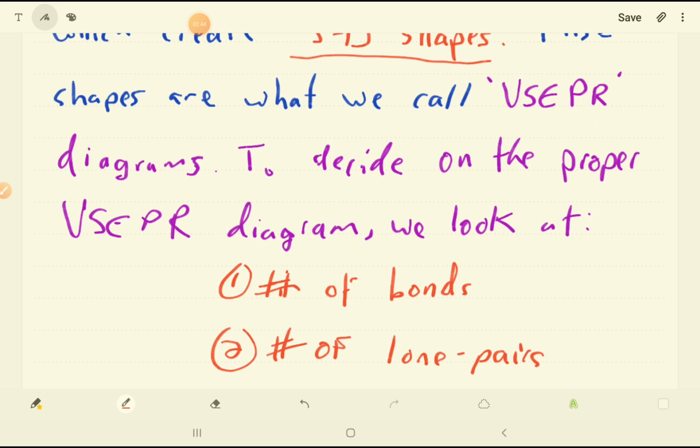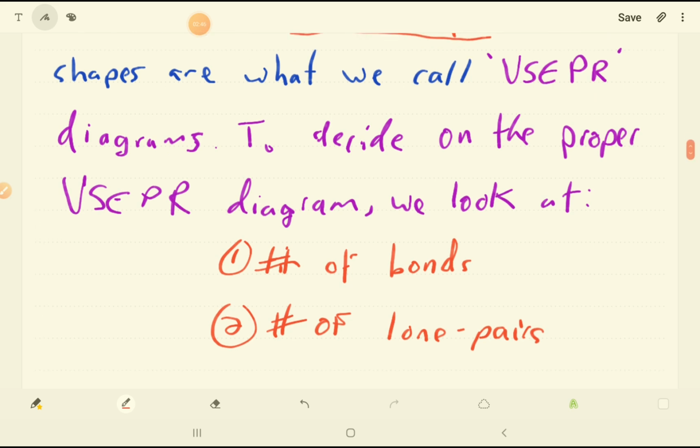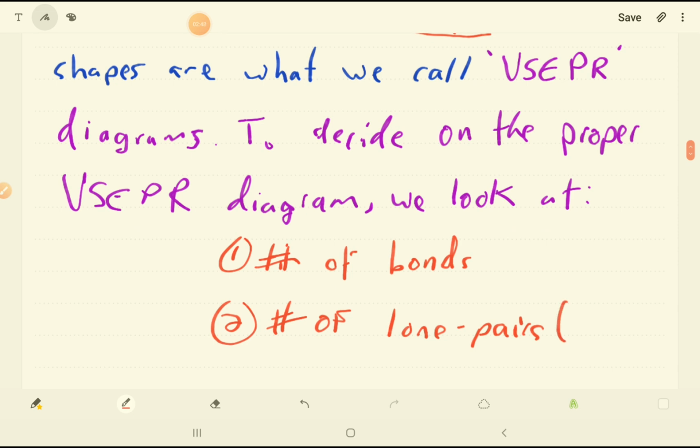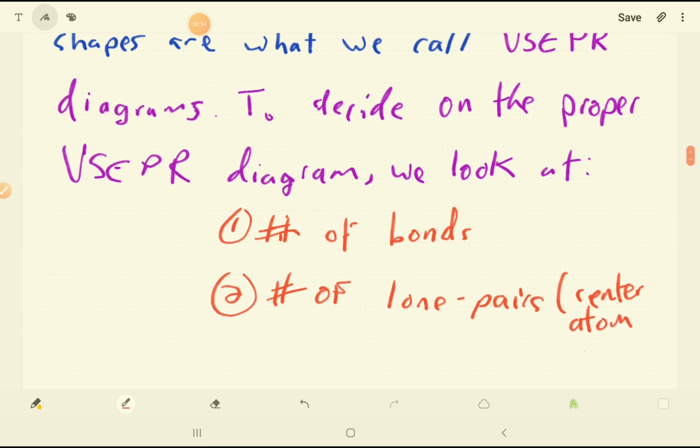And when we're talking about the number of lone pairs, it's really just the center atom only, okay? So yeah, center atom only. And although there may be lone pairs on the non-center atoms, they are not going to affect or help us really determine the ultimate shape of the molecule.